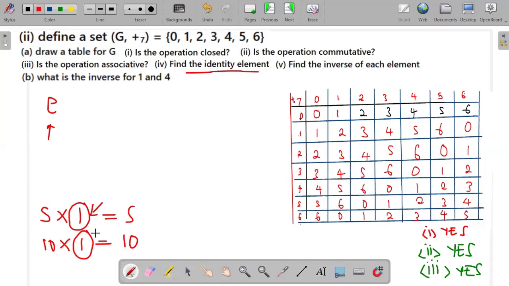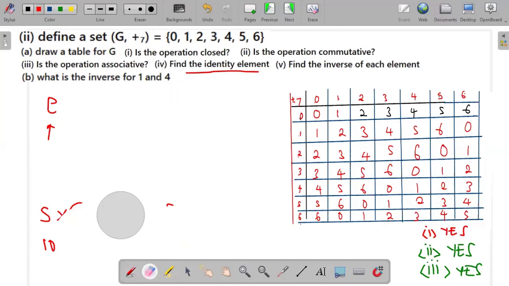And when it comes to addition, it is 0. 5 plus 0 gives 5, 10 plus 0 gives 10. So 0 is the identity element for addition.